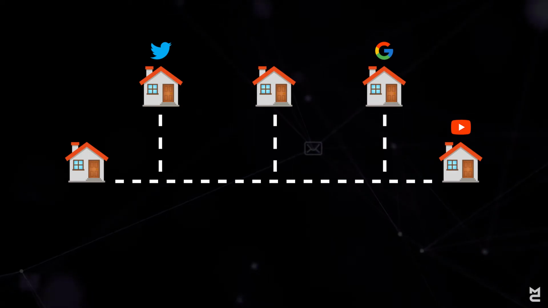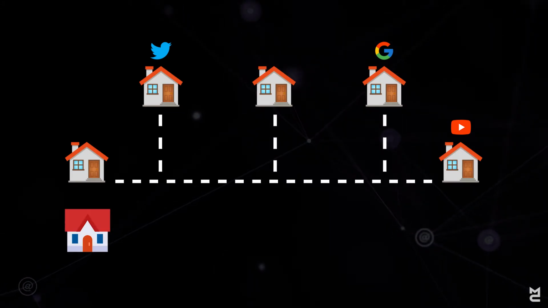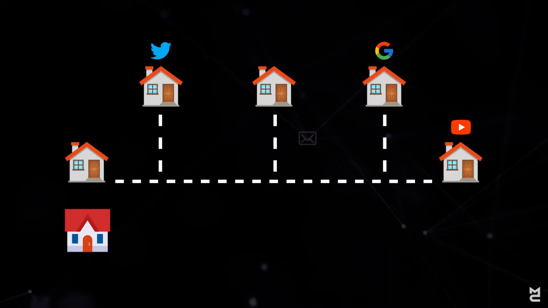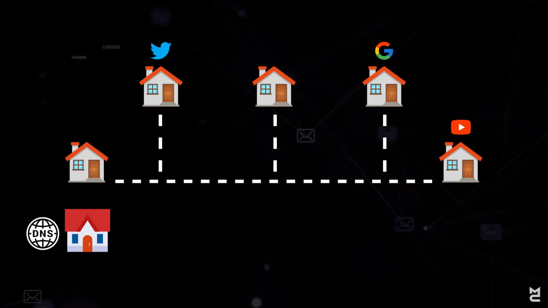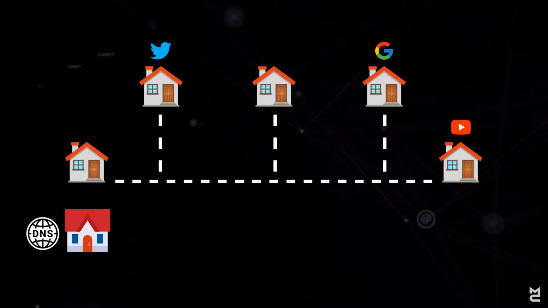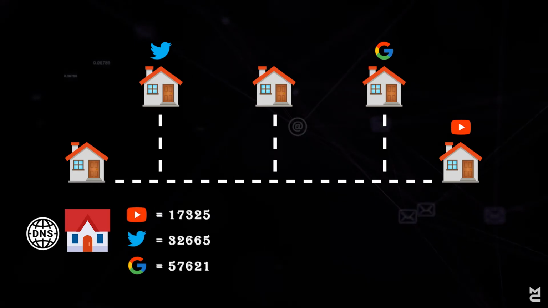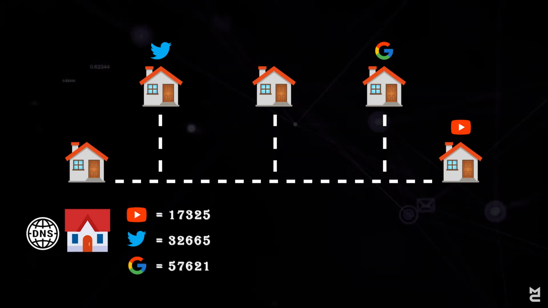So you know you want to talk to YouTube, but you can't remember his exact street number. Lucky for you, you have one more neighbor, a very special neighbor. And his name is DNS, which stands for Domain Name Server. And you know how to get to his house because he's your direct neighbor, he's right beside you. And what's special about him is that he's memorized every single one of your neighbor's addresses for you.